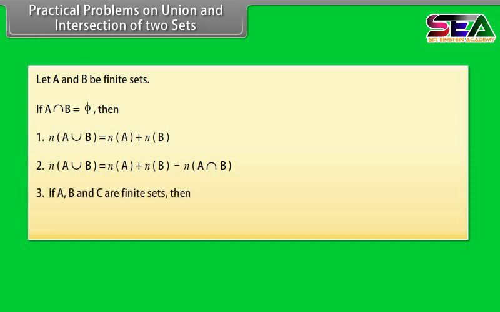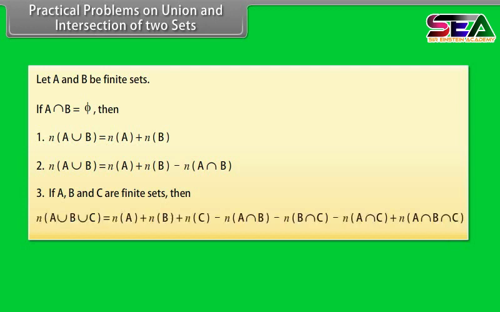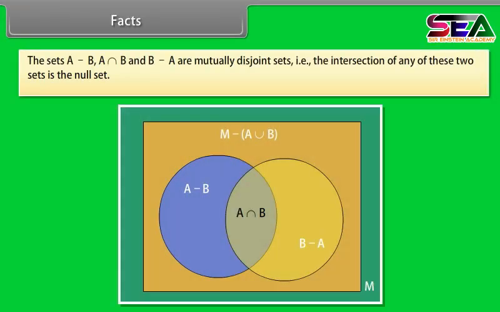If A, B and C are finite sets, then facts. The sets A minus B, A intersection B and B minus A are mutually disjoint sets. That is, the intersection of any of these two sets is the null set.